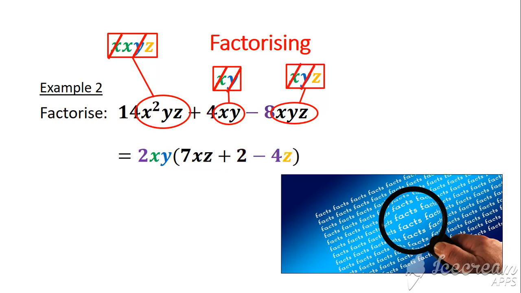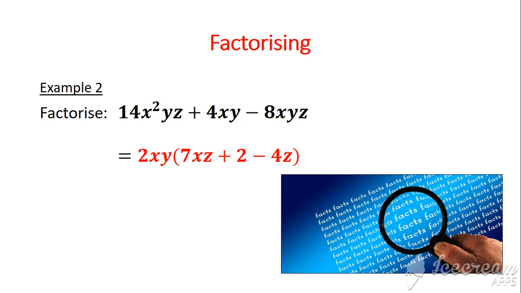Now we're going to put a minus 4z because 2 times minus 4 makes minus 8, and an x and y are already out the front, so we only need the z left over. So our final factorised answer is 2xy bracket 7xz plus 2 minus 4z.